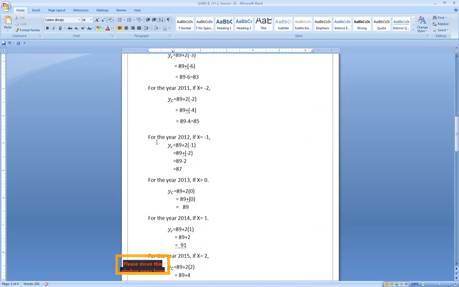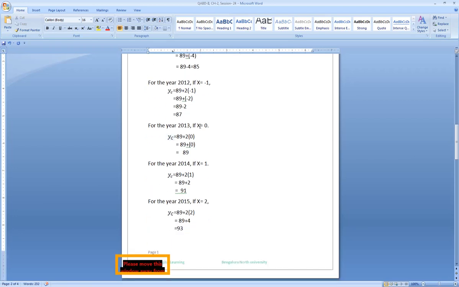Similarly, for the year 2012, where the x value is minus 1, trend value is the equation a plus bx. A means 89 plus b means 2 into minus 1. 89 plus into minus is minus, that becomes 2. 89 minus 2, the trend value for the year 2012 is 87.